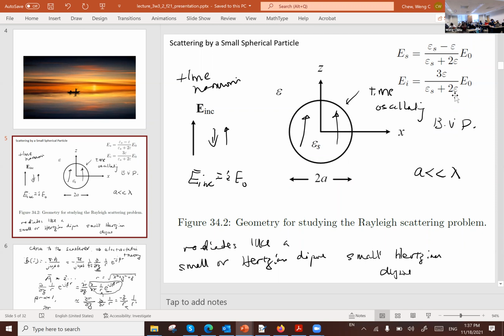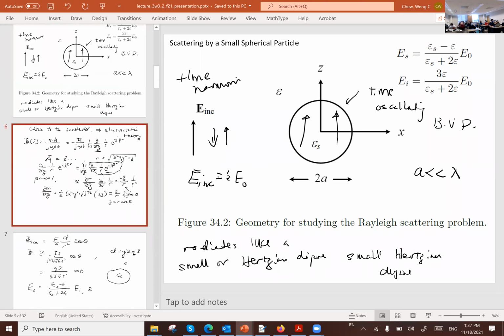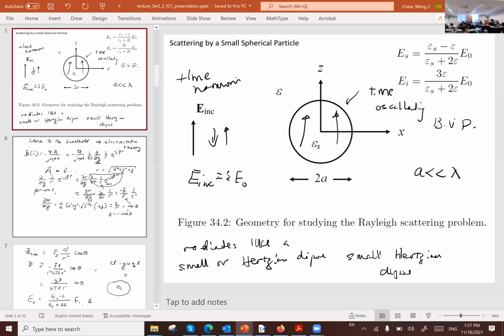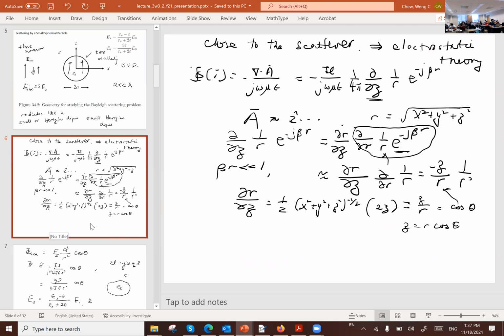And since you solved this problem already, you can figure out the dipole moment quite easily. You try to match the potential that you have for a dipole with what you see from this problem, and by matching up the solution, you find that the dipole moment is given by this.